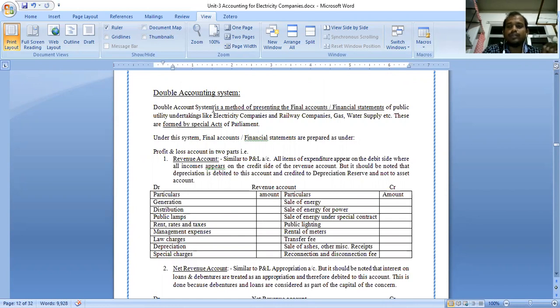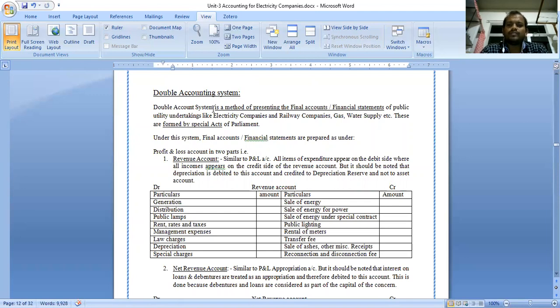But double accounting system is a method of presentation of final accounts of public utility companies like electricity companies, railway companies, gas, water supply. These companies are formed by a special act of parliament. So how does this double accounting system work and how do we prepare the final accounts under it?